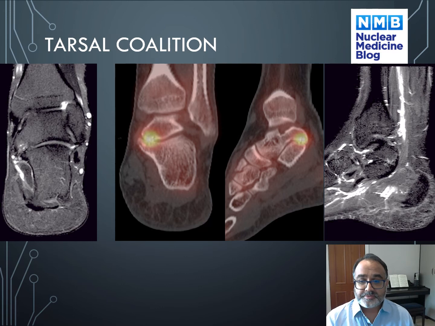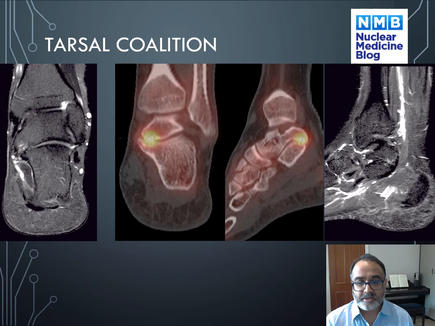Something else that's worth considering, particularly when you're scanning younger patients, is tarsal coalition. So tarsal coalition is when there is a congenital fusion of the joints in the foot or ankle. And in this case here, there's a fusion between the talus and the calcaneus.